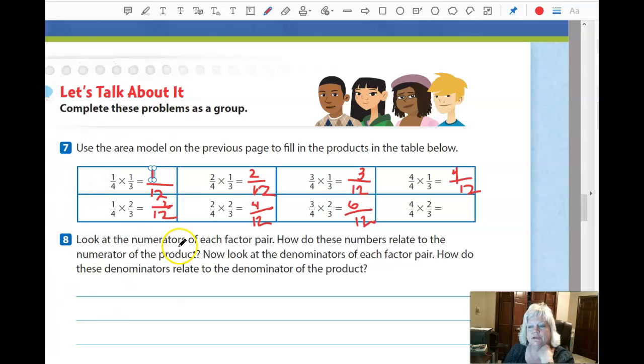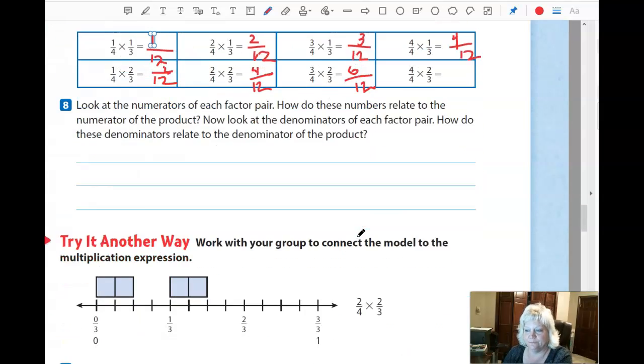So now it says, look at the numerator, the top number of each factor pair. How do these numbers relate to the numerator of the product? The numerator, we multiplied them. Now look at the denominator of each factor pair. How do these denominators relate to the denominator of the product? We multiply them and they're 12.